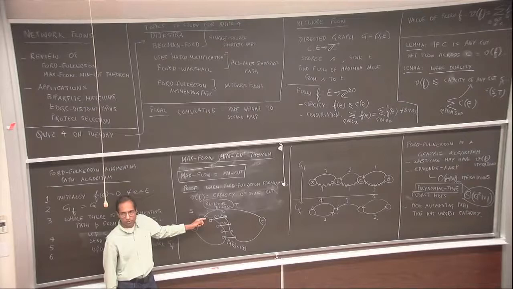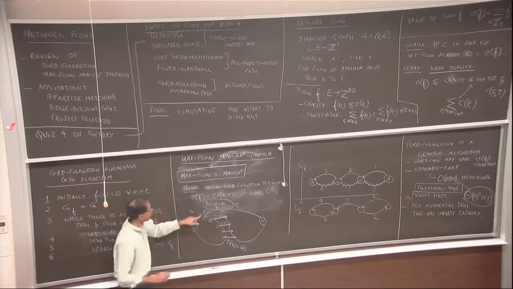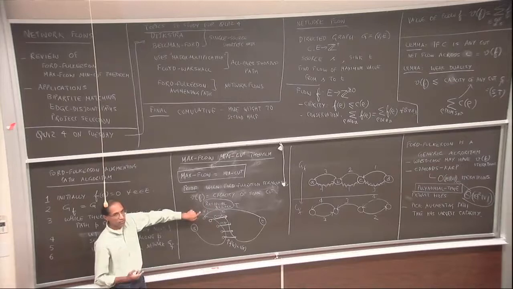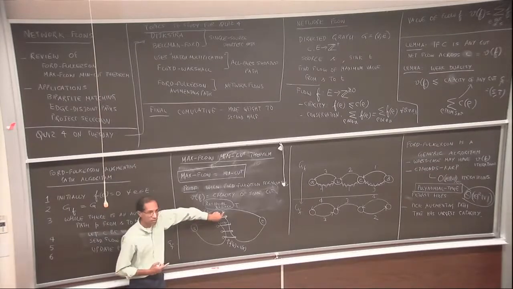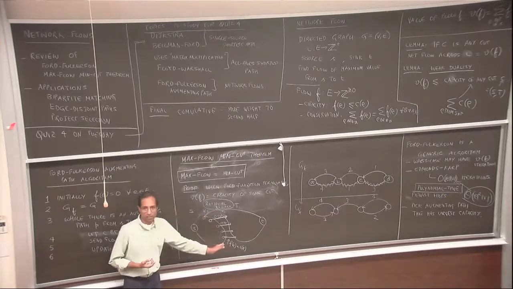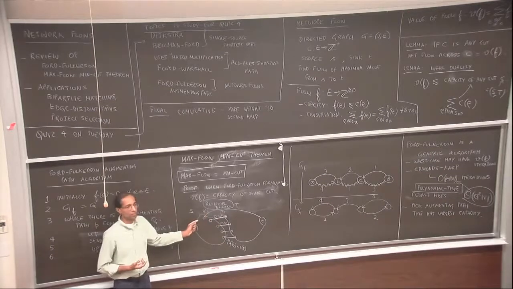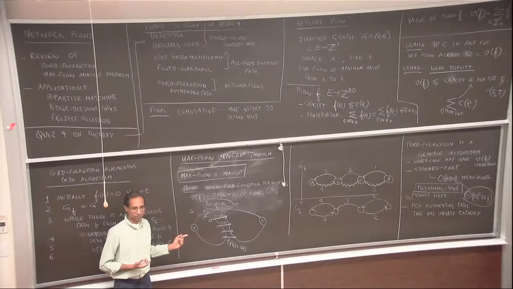If there was a flow, let's say, of 2 units going across this in the original graph, the residual network will have an edge going from here to here of capacity 2. But there is no edge of any capacity in the residual network. So there could not possibly be an edge carrying flow in the reverse direction.